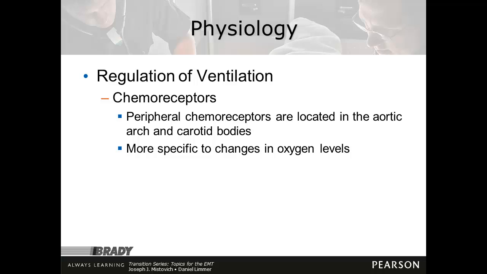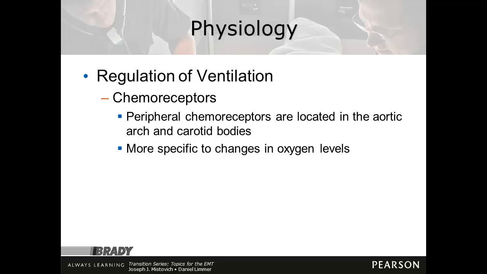Peripheral chemoreceptors are located in the aortic arch and the carotid bodies. These chemoreceptors are also sensitive to CO2 and pH, but arterial oxygen levels are their strongest stimulus.